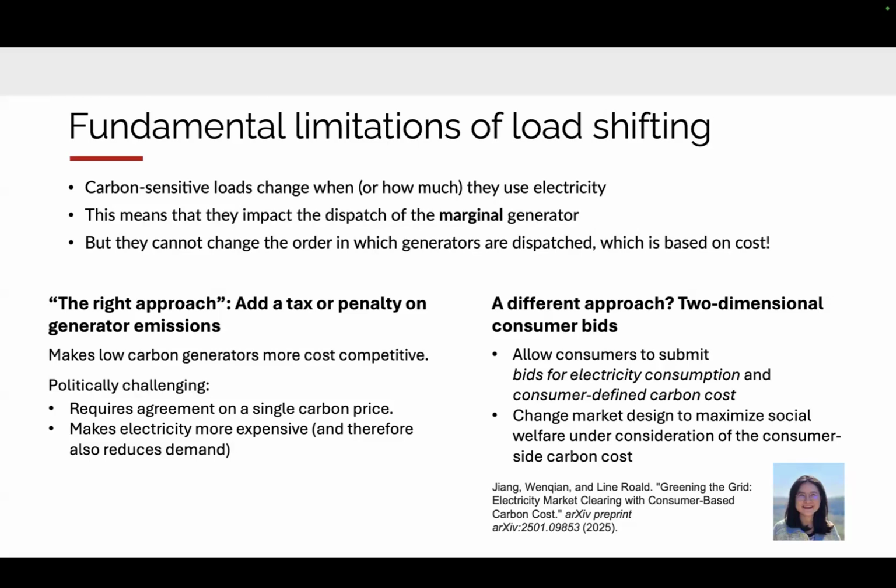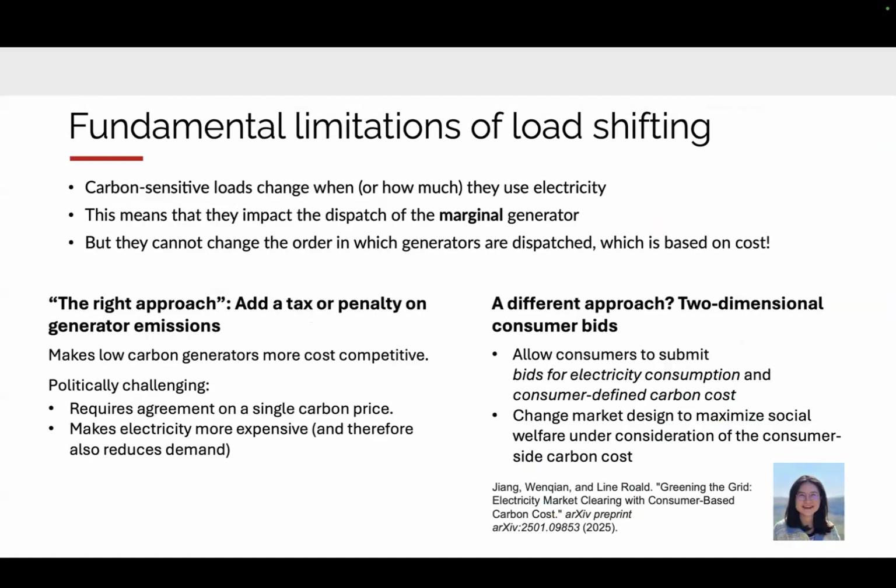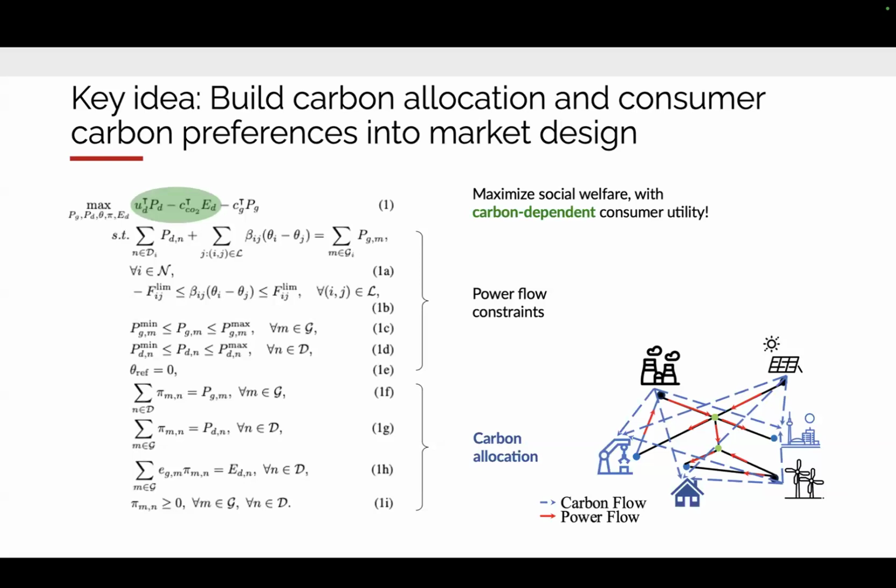And then we proposed a way of trying to change the market design to maximize social welfare under consideration of the carbon side consumer cost. There's a paper there, a preprint. This is very new. I had a couple of slides on it, but I'll skip over that. Essentially, the core thing here is that you're introducing this carbon-dependent consumer utility into our problem, along with a method for doing carbon allocation.